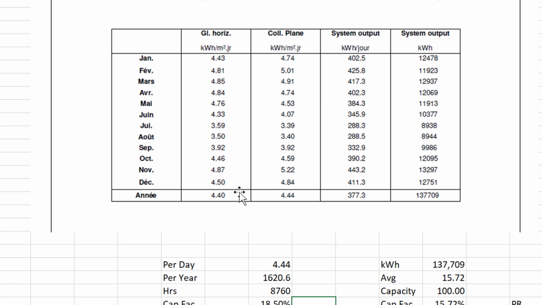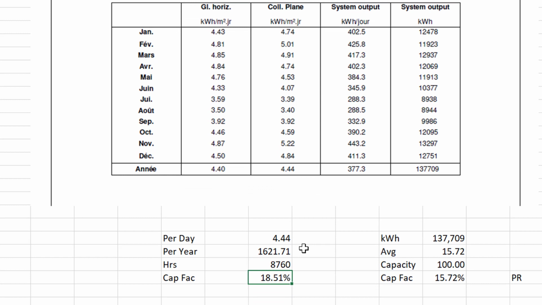We have 4.4 on average kilowatt hours per meter squared per day. And then we multiply that by 365, or 365.25 if you want to add the leap year. And we get a capacity factor that you would get if you had no losses, no temperature coefficient business, no things related to the panel specifically.